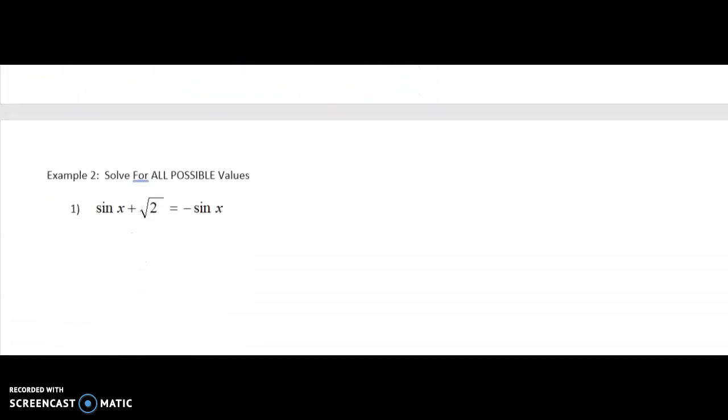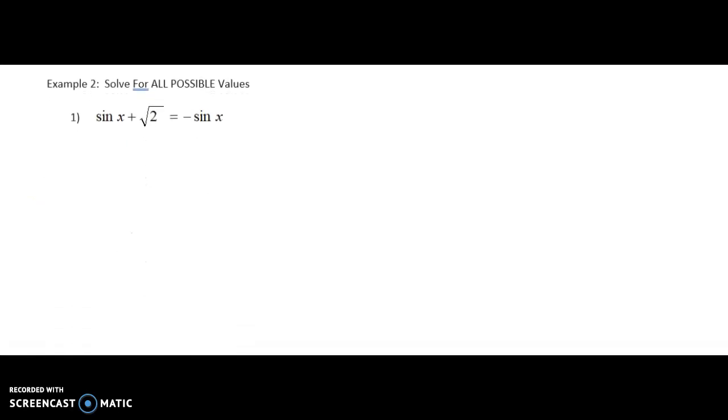Okay, moving on. This one says solve for all possible values. That means solve for every single angle that matches the requirement. Let me show you what I mean. Let's add sine x to both sides.